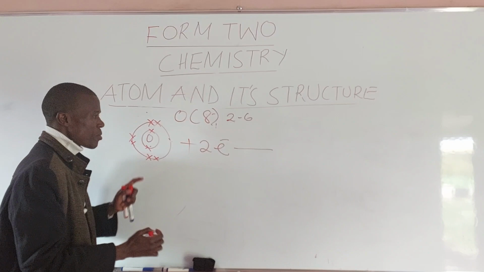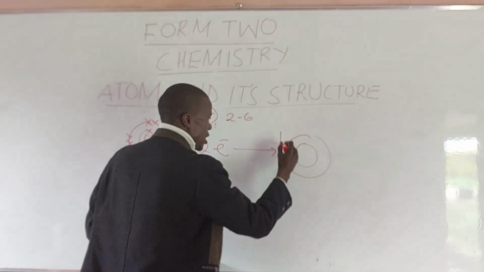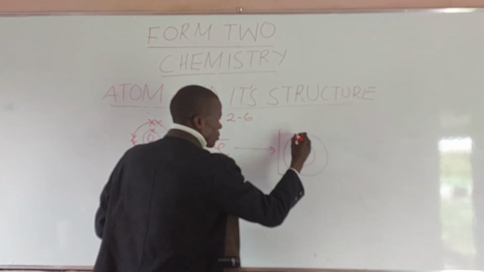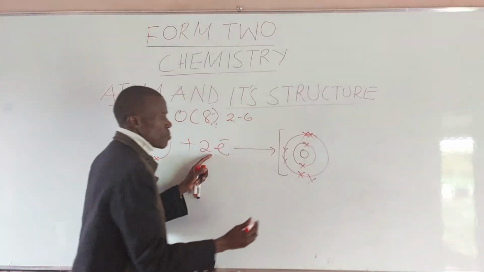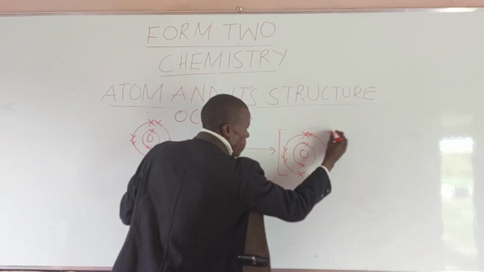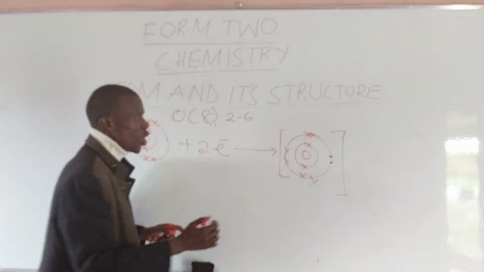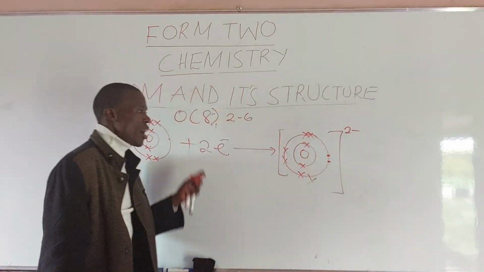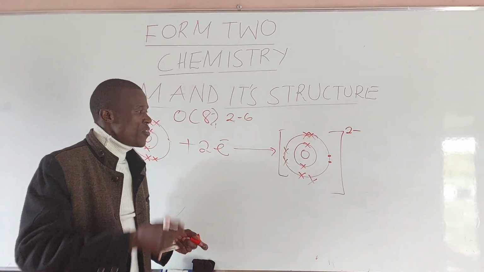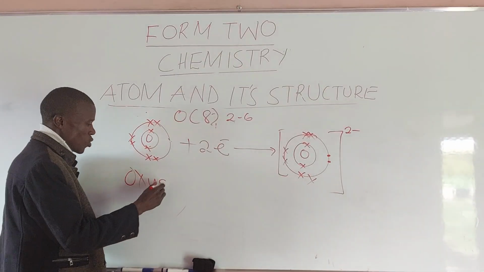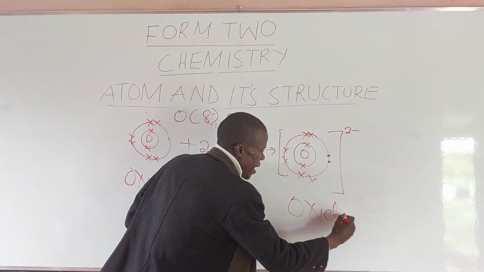When this atom gains 2 electrons, it forms an ion with a negative charge. The electrons which are gained must be represented in dots. Because we are introducing 2 electrons, each having a negative charge, the charge of the ion is 2 minus. Whenever non-metals form ions by gaining electrons, the name of the ion must end with -ide. So we are going to have the oxide ion.